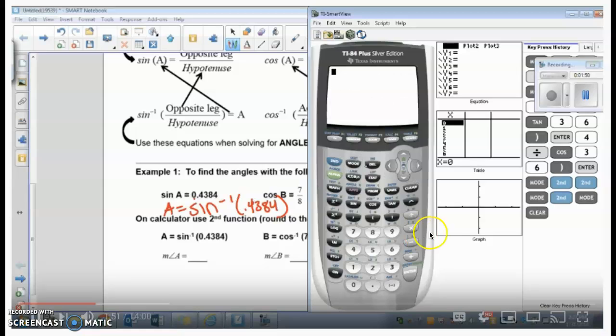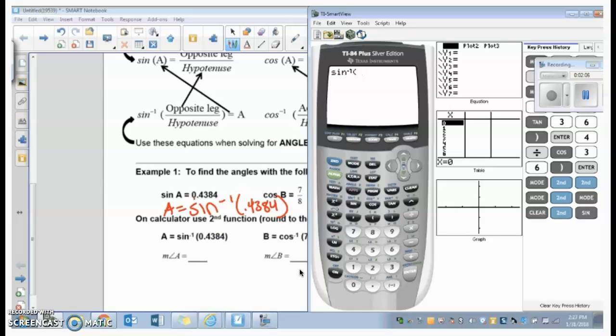Then we pull up the inverse sine button, which is right above the sine button. To get that blue section, we go to second and sine, and then we plug in our decimal, 0.4384, and close our parentheses.